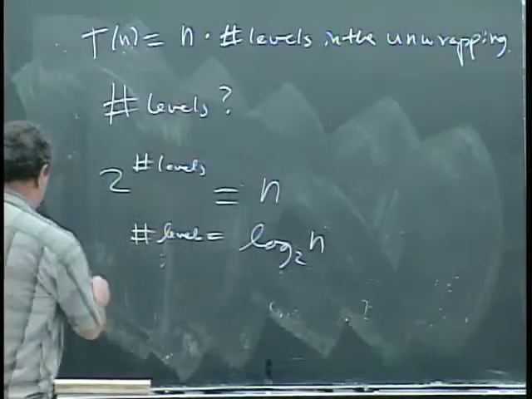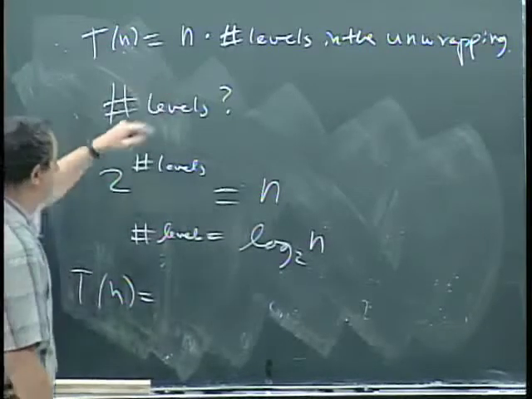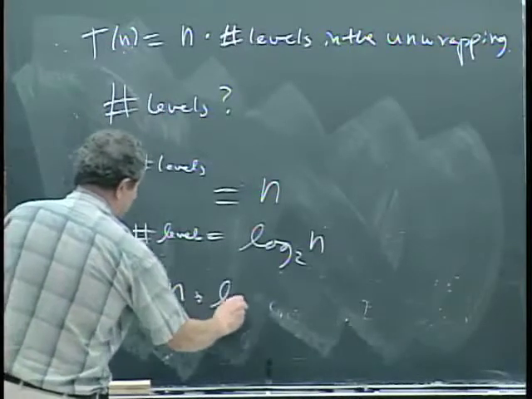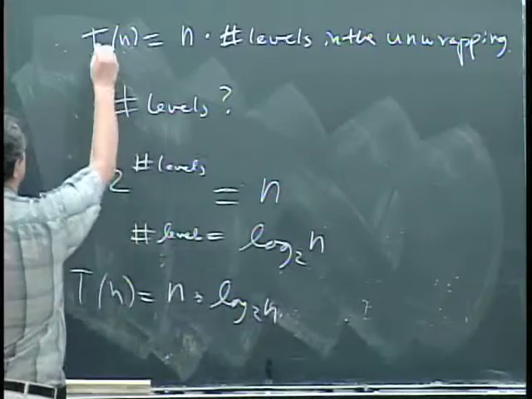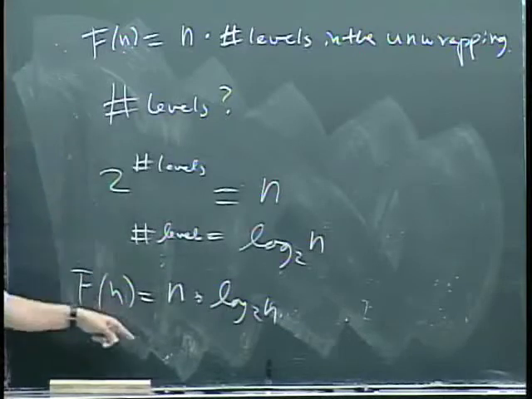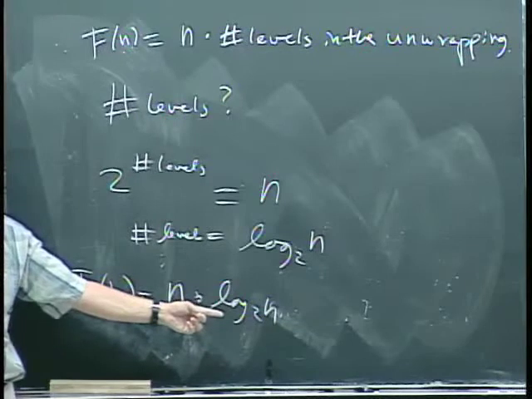So what is the total? T of n is equal to n times the number of levels, f of n. We've been solving for f, right? F of n is equal to n times log base 2 of n. Okay?